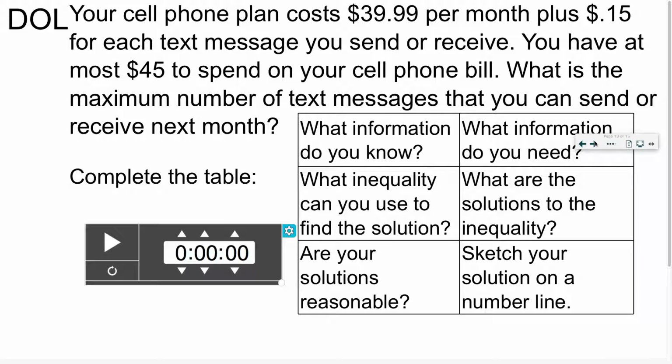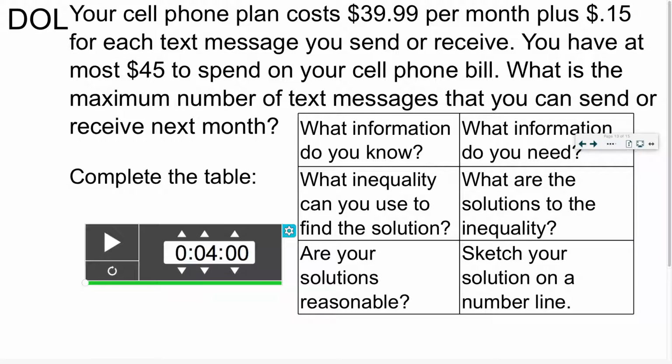Down here on the left, this is what we talked about yesterday, where you may say x is less than 10. But this may not make sense depending on the scenario. Does the scenario make sense? And then lastly, you do not have to sketch this on a number line, but if you wanted to, you could.